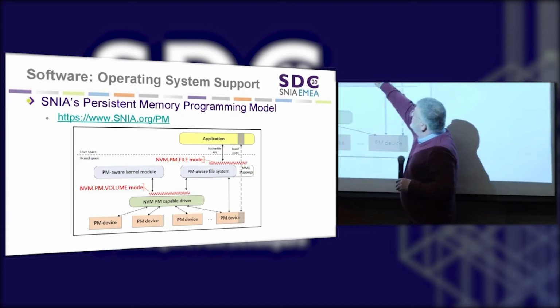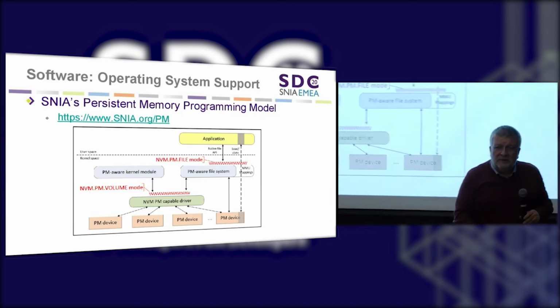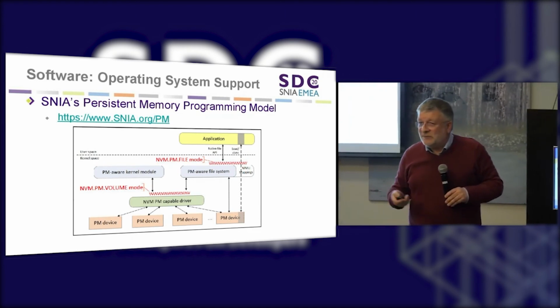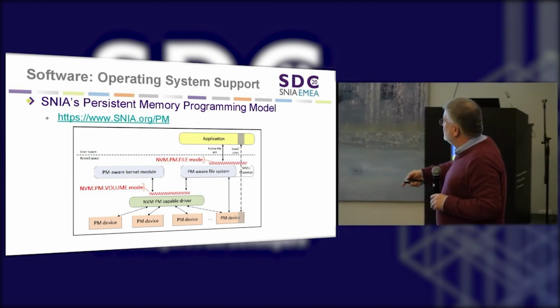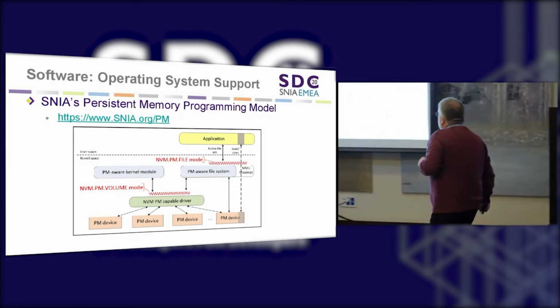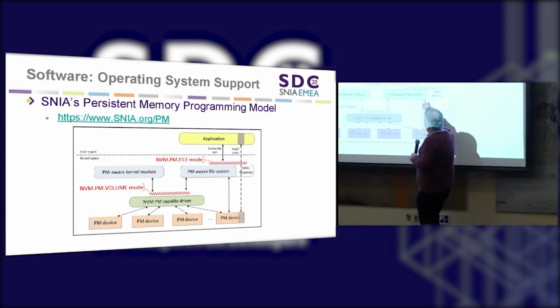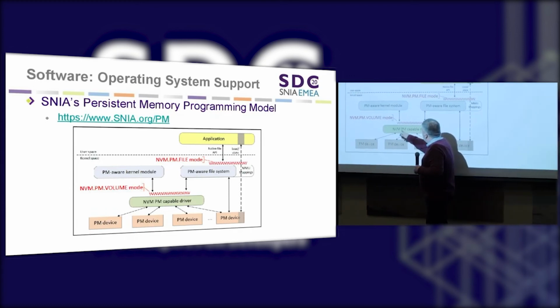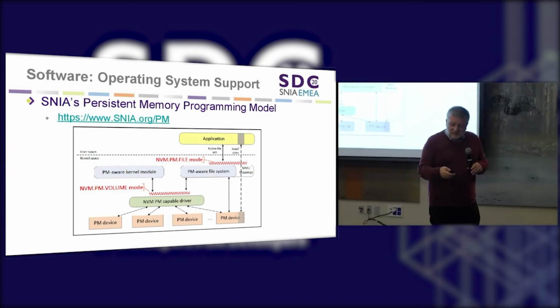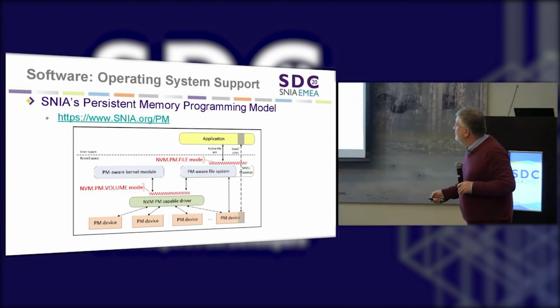There's some magic, and the magic is provided by the API, but we're not specifying it, of getting between, for instance, the application right through to the memory direct in this case, or through a PM-aware file system in this case, or just a capable driver that makes these things look like SSDs. So there's a variety of mechanisms for getting to it.